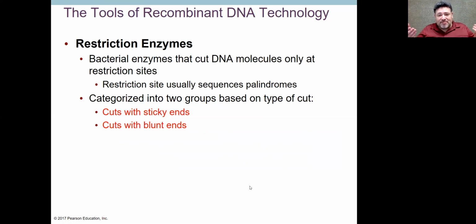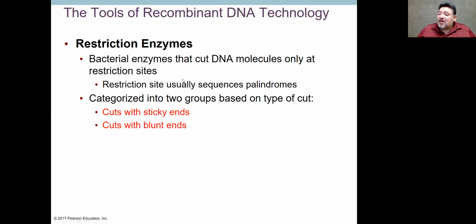And the reason that's important is because if the ends are complementary, then the complementary hydrogen bonding will cause the ends to attach to each other. And now that gene of interest attaches itself to the plasmid by itself. You don't have to do anything, okay?